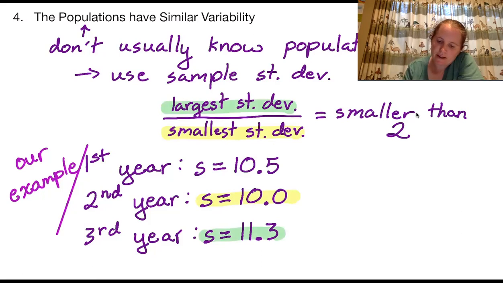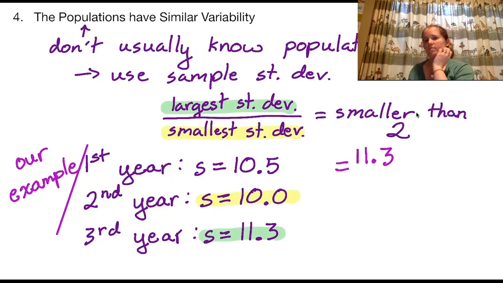And so we would be looking at 11.3 divided by 10.0, which is 1.13, which is definitely smaller than 2.